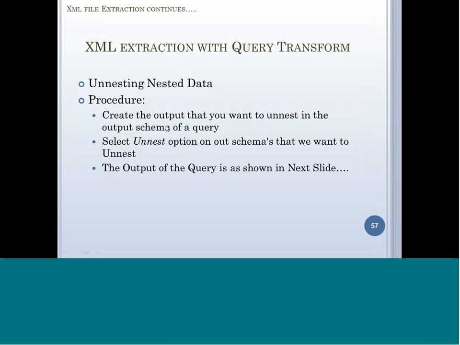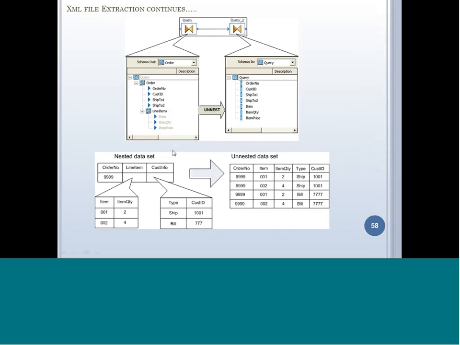So this is the process you need to follow. We create the output that you want to unnest in the output schema of the query and select the unnest option. Then it will automatically be unnested. We will see what you want to unnest. If you observe carefully, here we have two schemas: one parent schema and one subschema.